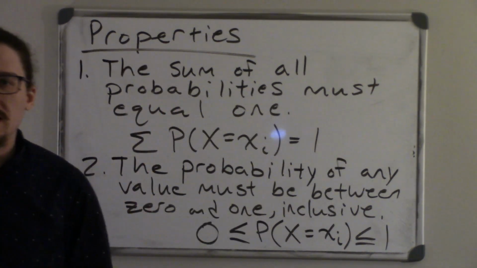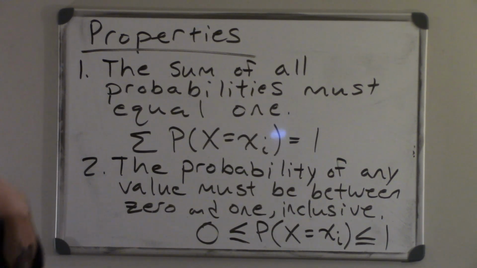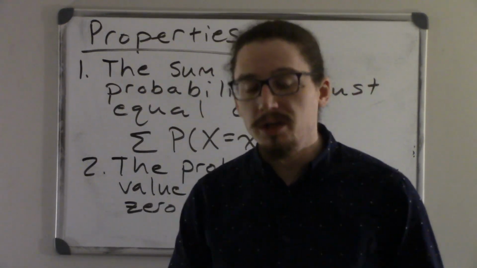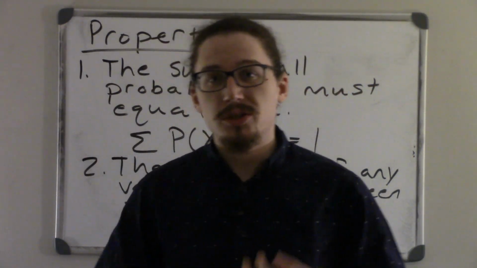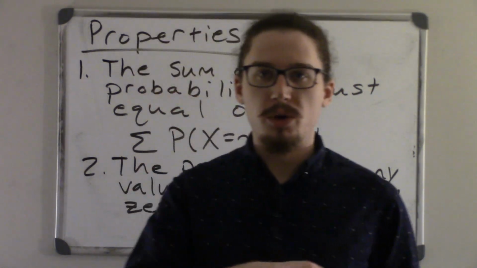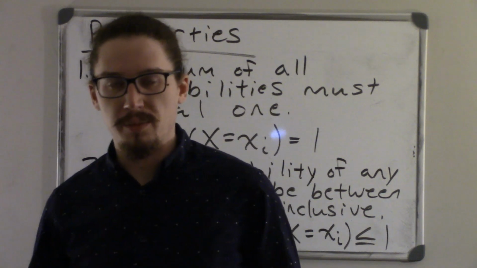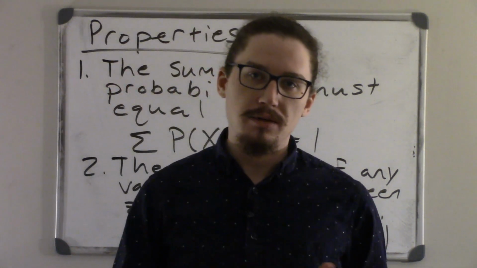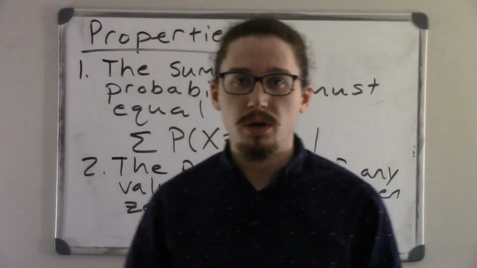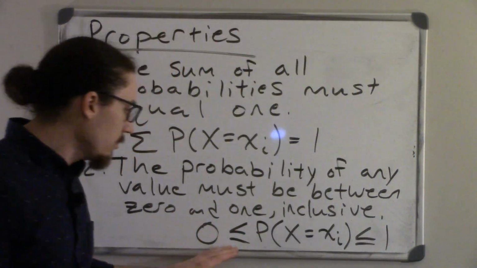Really, all it's saying is that if you're doing a probability calculation and you get a value that is greater than 1 or less than 0, a negative number, then we need to go back and check our work, because we've done something wrong. We cannot have probabilities that fall outside of this 0 to 1 range.